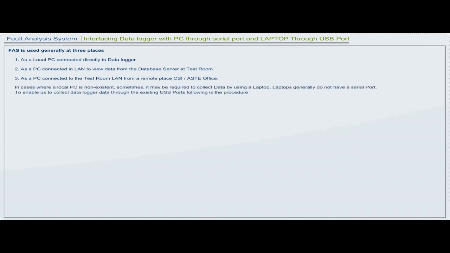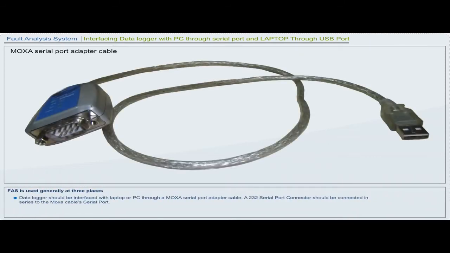In cases where a local PC is non-existent, it may sometimes be required to collect data by using a laptop. Laptops generally do not have a serial port. To enable us to collect data logger data through the existing USB ports, the following is the procedure. The data logger should be interfaced with the laptop or PC through a MOXA serial port adapter cable.